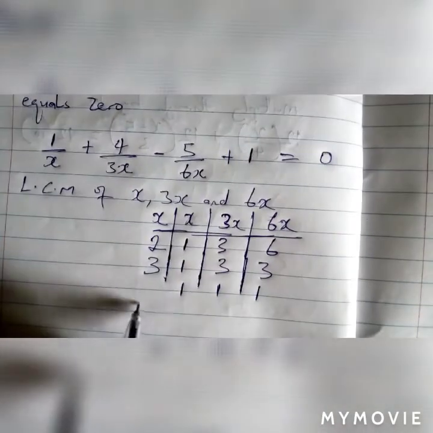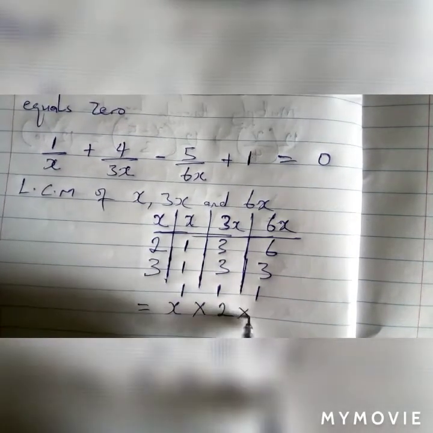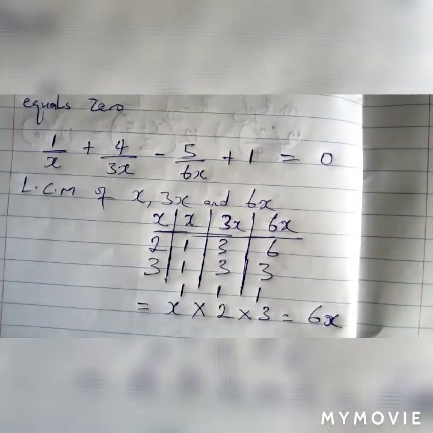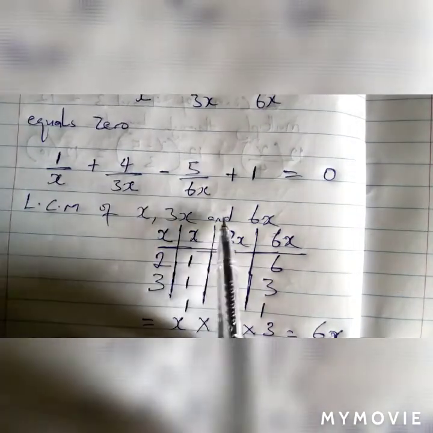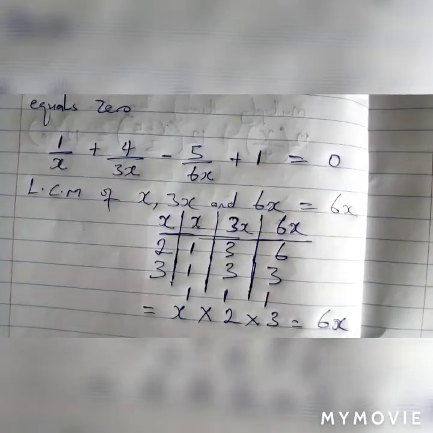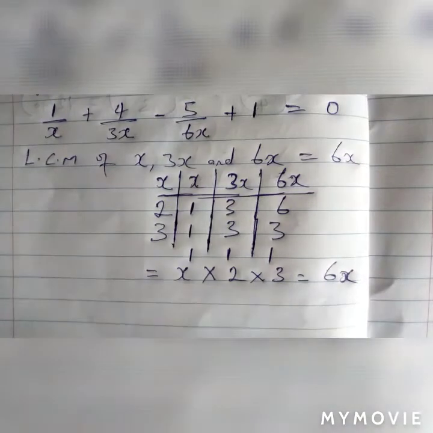So what do I have? I have x times 2 times 3, which gives me 6x. So the LCM of x, 3x, and 6x is 6x.